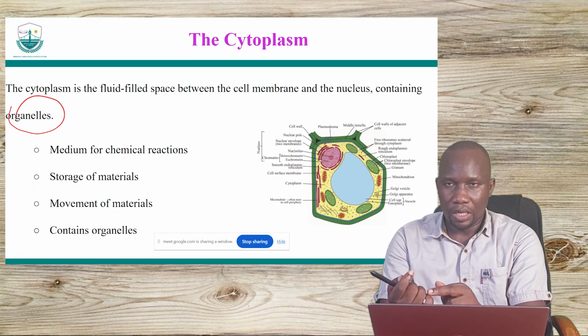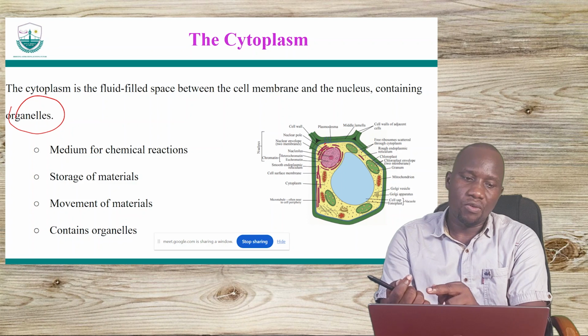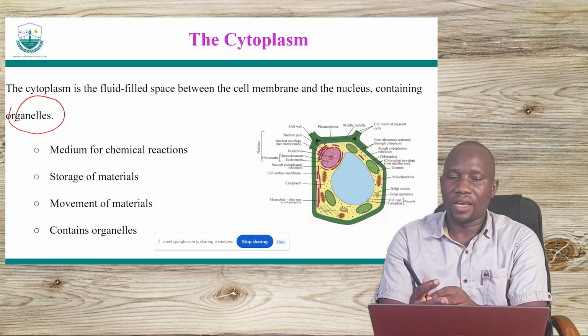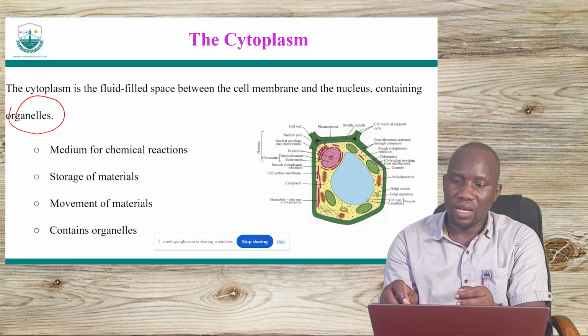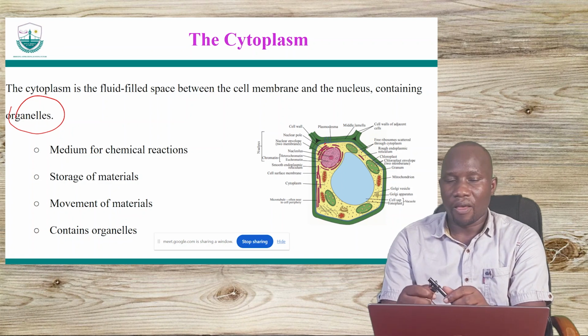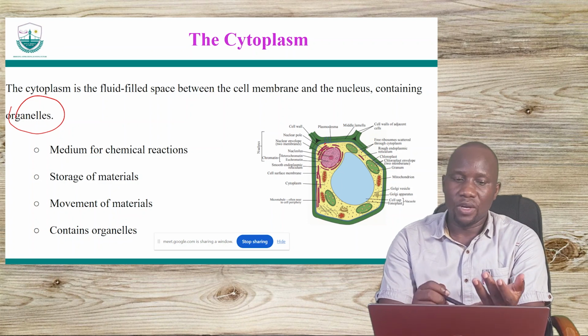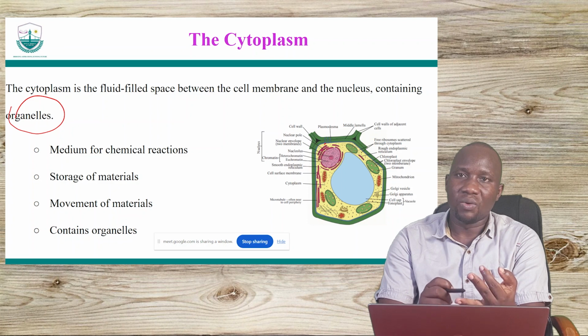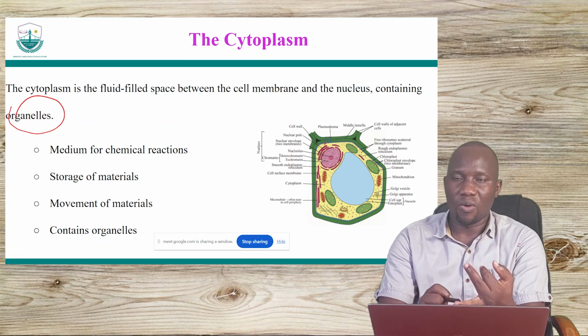the reticulum system. You will also find there a number of chemicals, carbohydrates, lipids, some proteins, a number of things. So you can see here all these are the things that you can find within the cytoplasm. It's a fluid, and that fluid contains organic and inorganic chemicals.